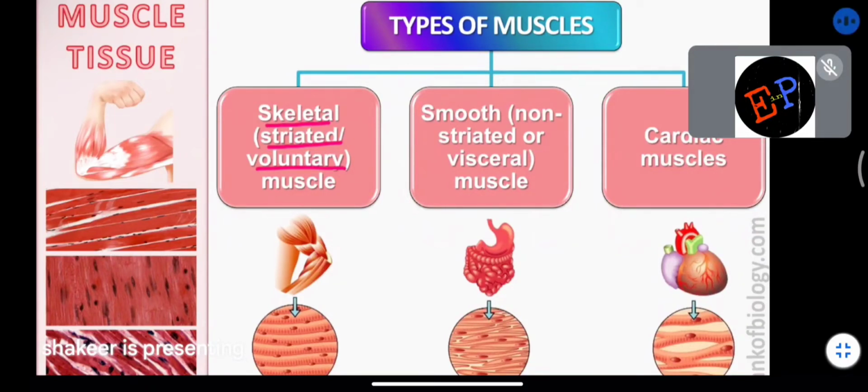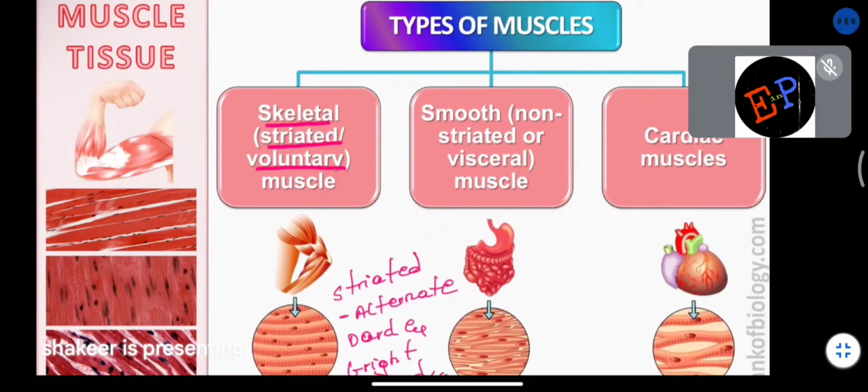Striated means alternate dark and bright bands. If they are present, then it is called a striated muscle.